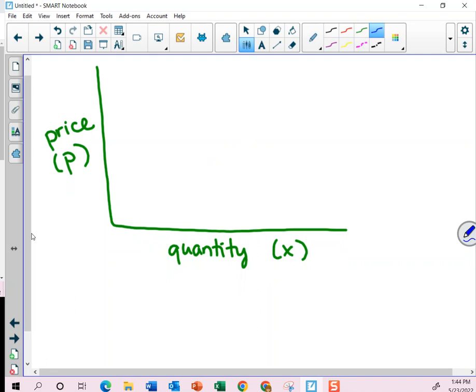At least this is what the theory of supply and demand says.